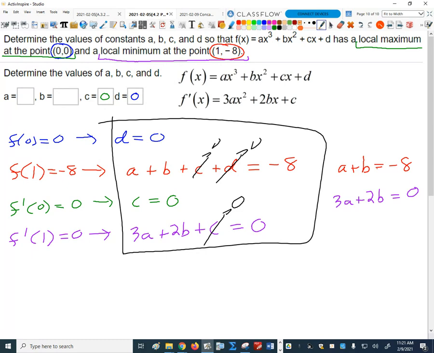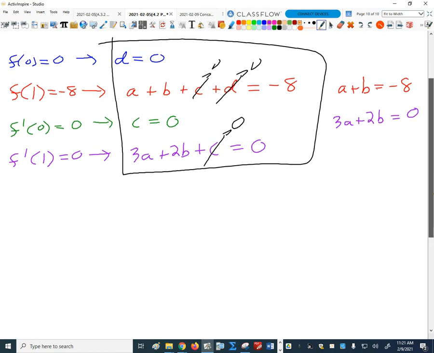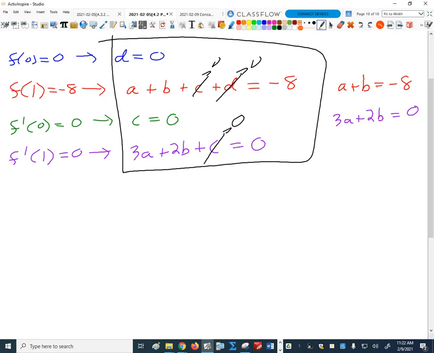I could just multiply the top one through by -2, right? I can use elimination here. If I multiply the top one through by -2, I would get -2a minus 2b equals 16. I've got the other equation, 3a plus 2b equals 0.